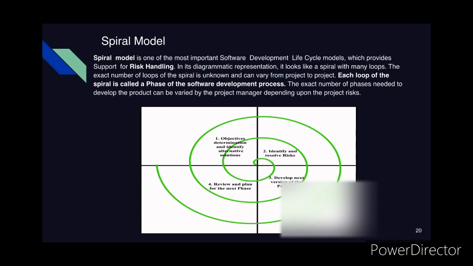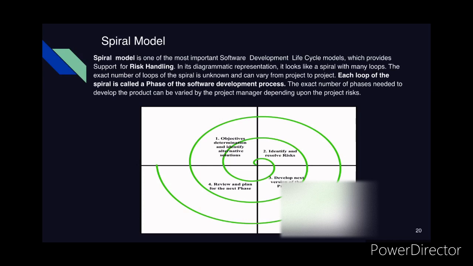As I mentioned earlier, a spiral model provides support for risk handling. So now, what is risk, and how is risk handling done in a spiral model? A risk is any adverse situation that might affect the successful completion of a software project. So the most important feature of the spiral model is handling these unknown risks after the project has started.